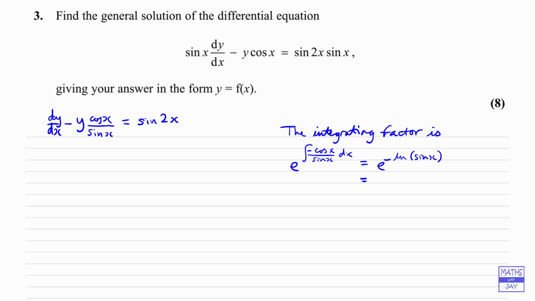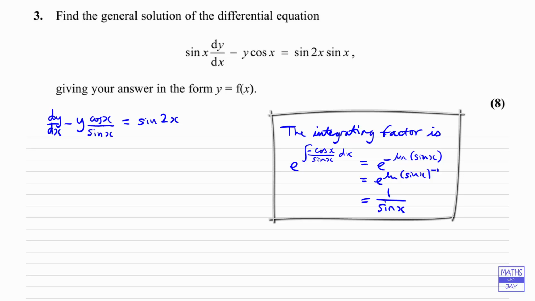And that's equal to e to the log of sine x to the minus 1. So e and log, well, those are inverse functions of each other, opposites, so we're just going to have 1 over sine x. So that means that we want to multiply our equation through by 1 over sine x, or if you prefer, cosec x.